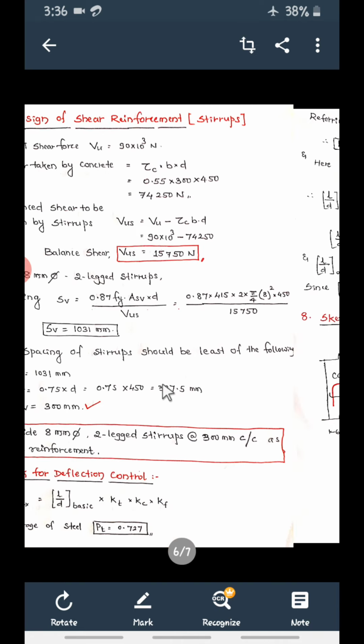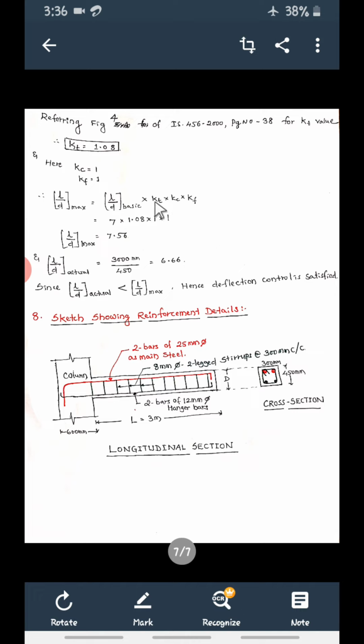Then KT is 1.08, KC is 1, KF is 1. So we get L by D maximum as 7.56. Effective span by effective depth maximum is 7.56. Now how much L by D ratio are we actually providing? So L by D actual, or providing, is equal to L, the span, that is 3000 mm, divided by effective depth 450. So this is 6.66.